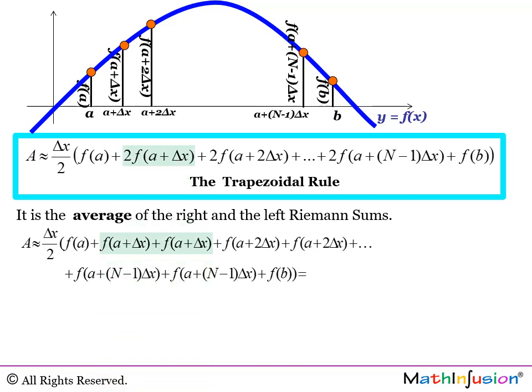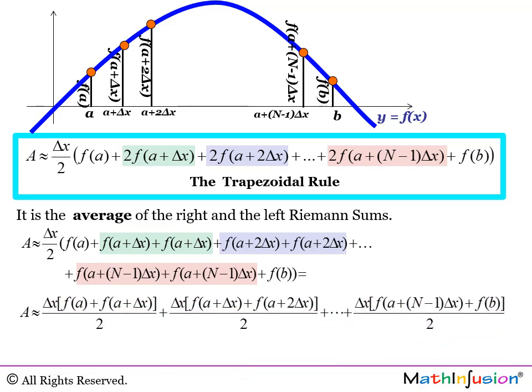So instead of this, I'm writing this. And I'm doing this to all of those terms. Now, this equals this. So it is really exactly the same as above. But now I'm going to focus on each one of those parts here.